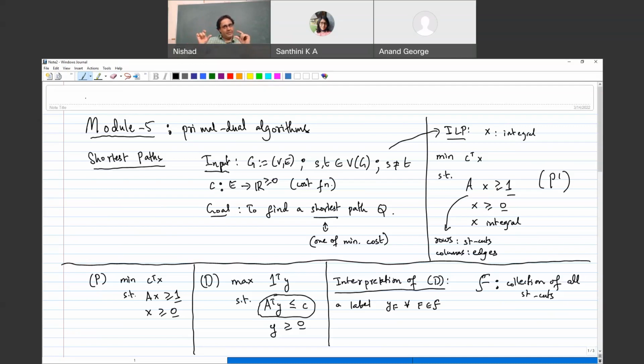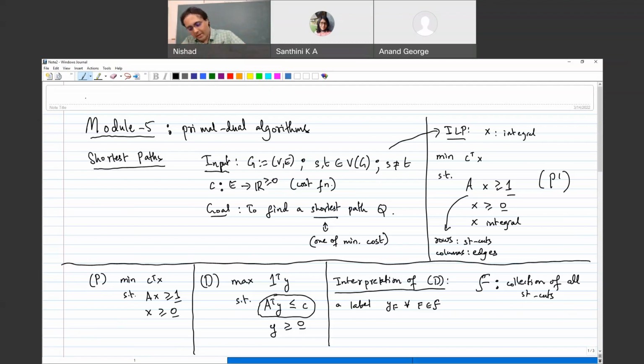the Y's are labels. It is a sum of the labels of those cuts that contain this edge. Each row corresponds to one edge. If you think about the incidence matrix, which here has rows indexed by edges and columns indexed by ST cuts because we took the transpose, what it's telling you is that for any edge, if you sum up the labels of the cuts that contain that edge, the sum should be less than or equal to the cost of that edge.